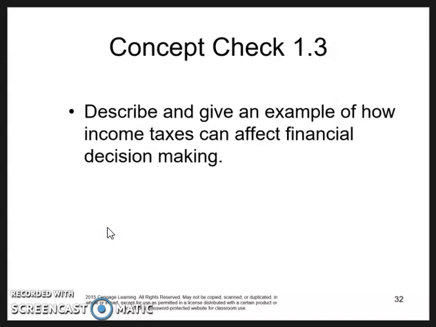Next one is describe and give an example of how income taxes can affect financial decision making. The best example there, and we'll talk about it all semester long, is your 401k, your retirement plan. You're putting that money away, saving for the future. When you do so, you don't pay taxes.